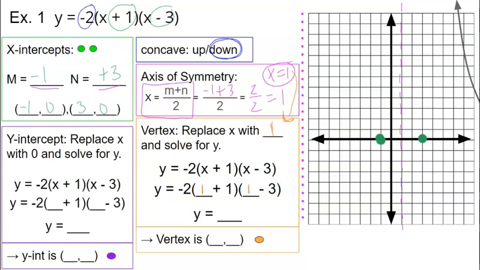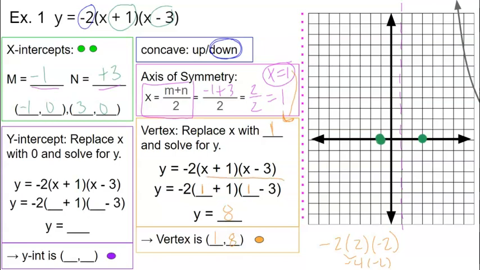So we get -2, and then the first parenthesis, 1 plus 1 is 2. The second parenthesis, 1 minus 3 is -2. So we need to do -2 times 2, which is -4. And then -4 times -2 would be +8. So our vertex is (1, 8).